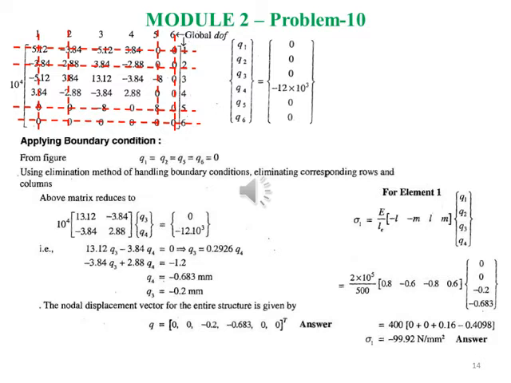Now applying the boundary conditions wherein Q1, Q2, Q5 and Q6 are equal to 0, and using the elimination method of handling the boundary condition, we eliminate the corresponding rows and columns.